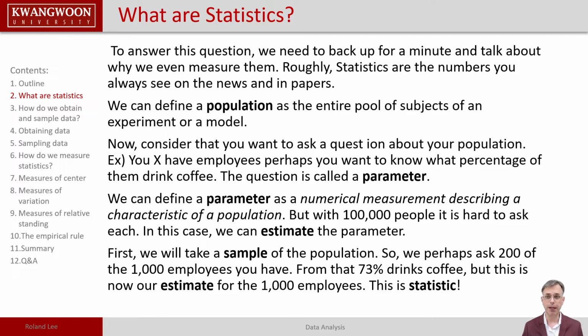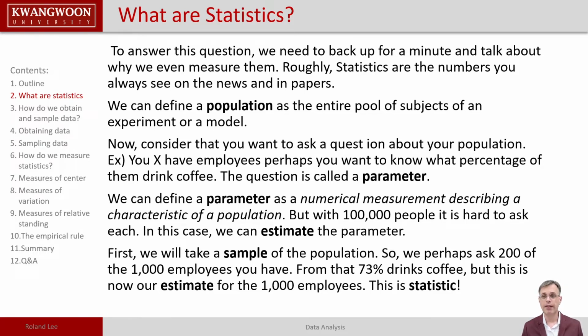We can define a parameter as a numerical measurement describing a characteristic of a population. For example, if you ask all the 1,000 employees and 100 of them are using drugs, the rate of drug users is 10%. The parameter here is 10.